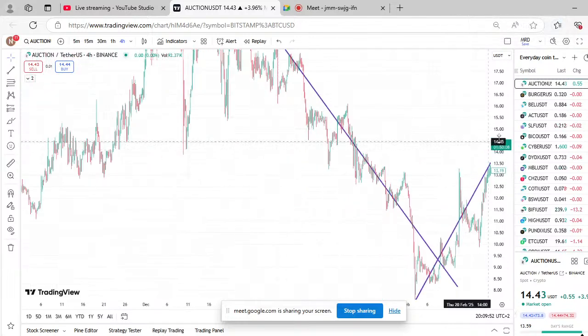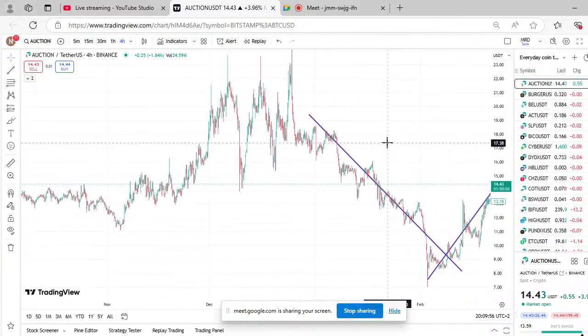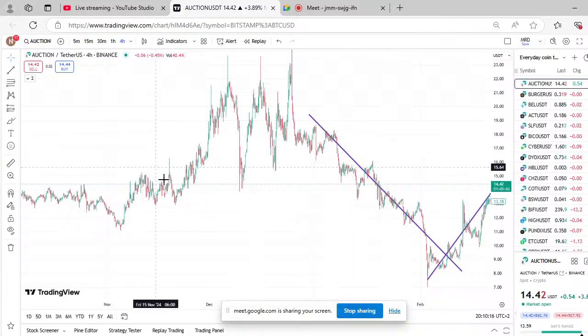So you always fix it like this, you squeeze it. If you have a phone, you just put two fingers on your screen and you squeeze the screen, as in you scroll from left to right. That's how you can reduce the candles or the chart.